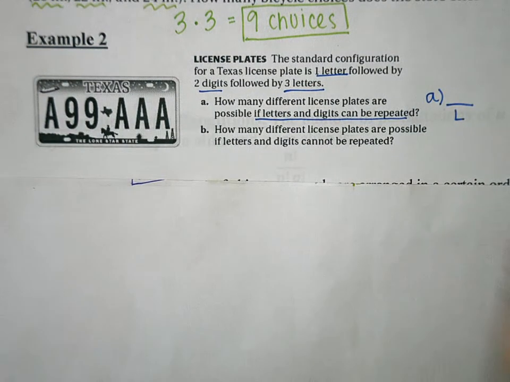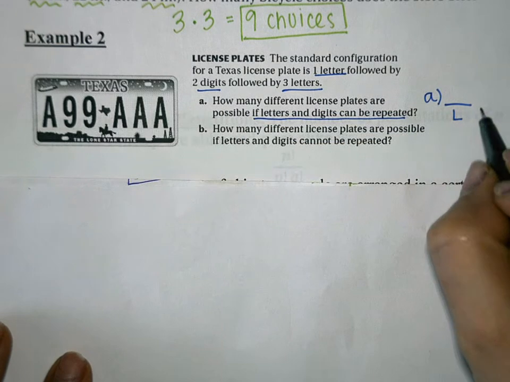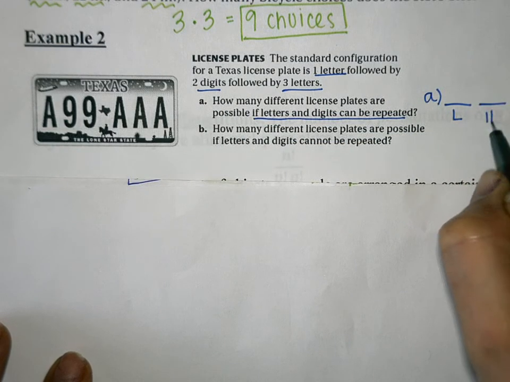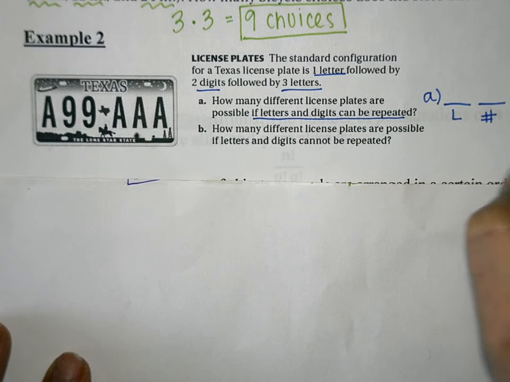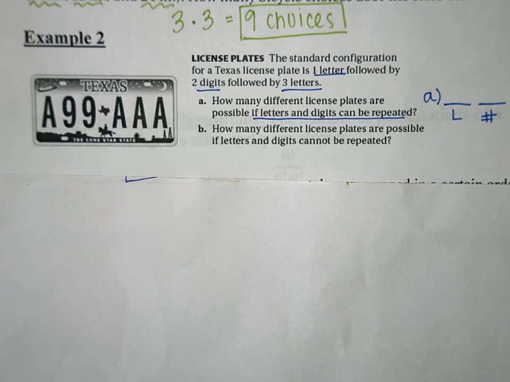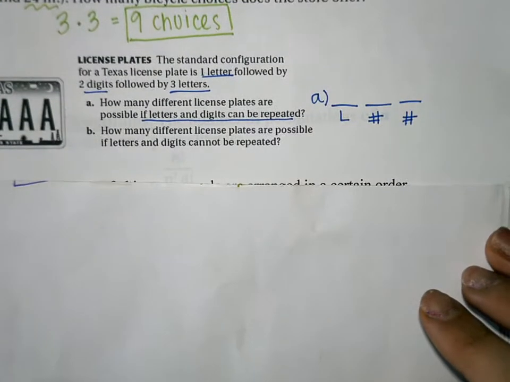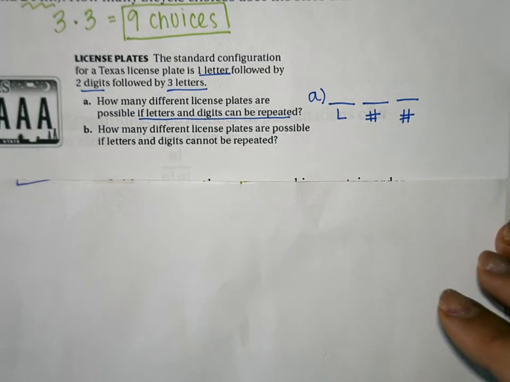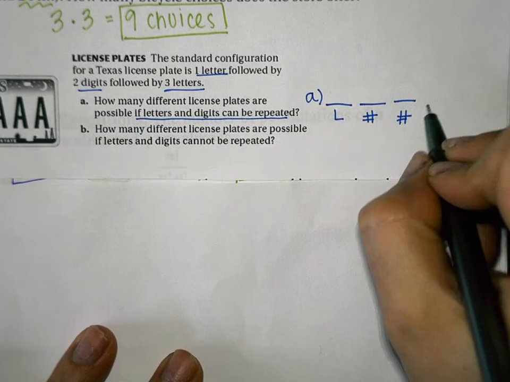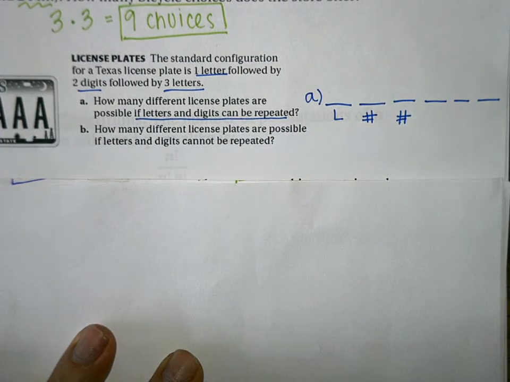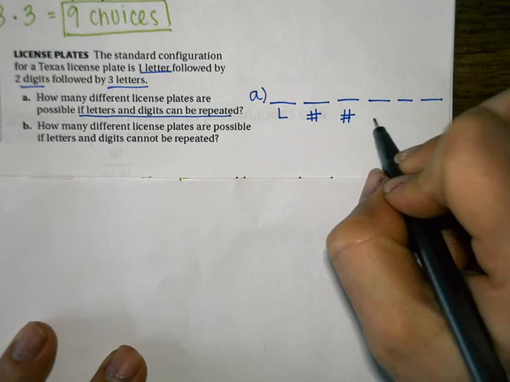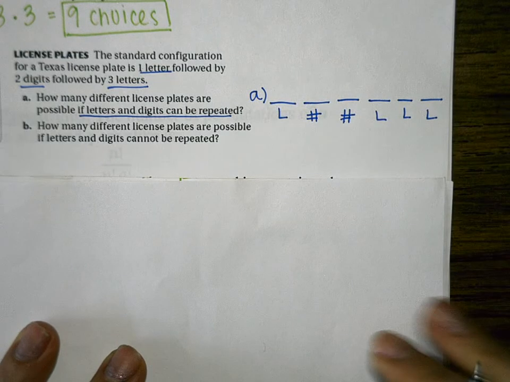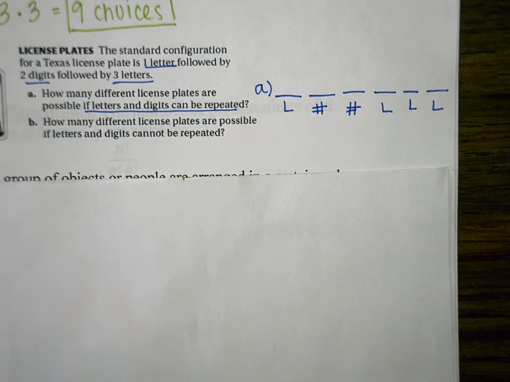My next digit is going to be a number, and I'm going to have two numbers there. The next is three letters. So I'm going to put three blanks for each of my letters, and I'm going to label them L. And then this helps us set up our fundamental counting principle.